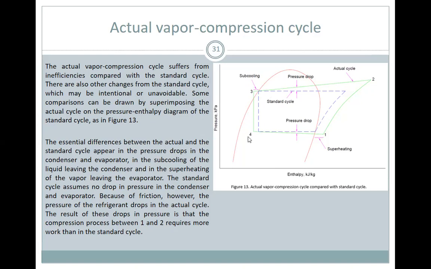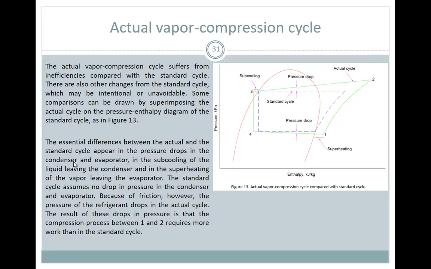Throttling process pa rin. 4 to 1, nag-drop siya 4 to 1. Okay? Ang drop lagi, siyempre, nag-reduce yung pressure mo eh. Hindi ka pwedeng tumaas dyan. Kung mag 4 to 1, taas ka. That is yung pressure drop. Okay? So, yan. So, this is now the macro cycle.